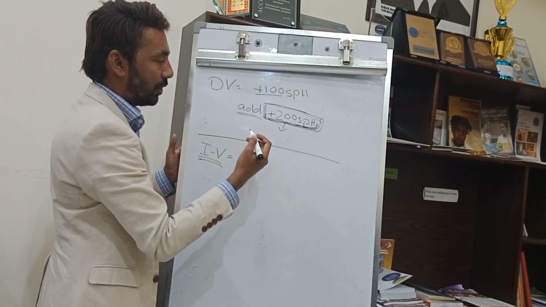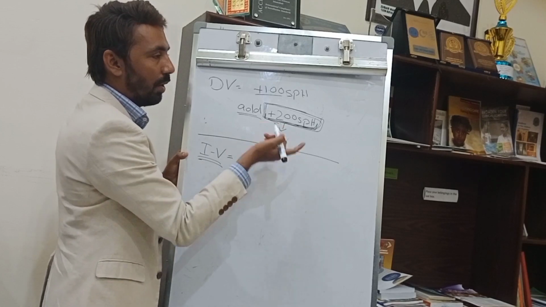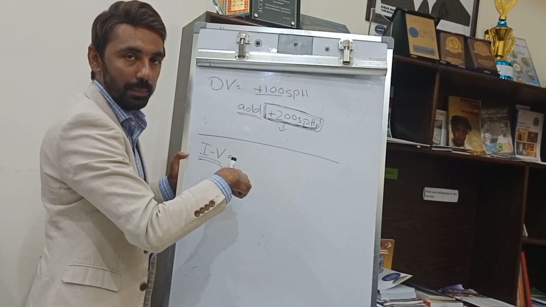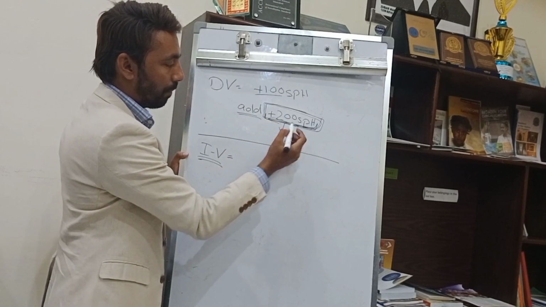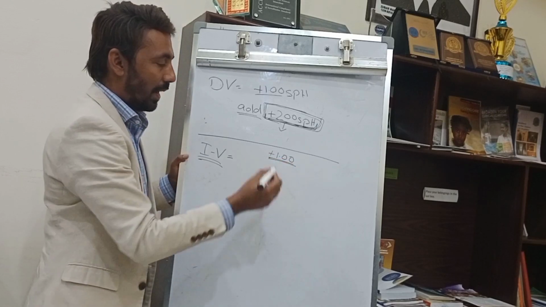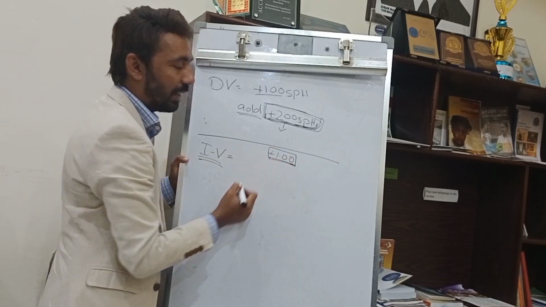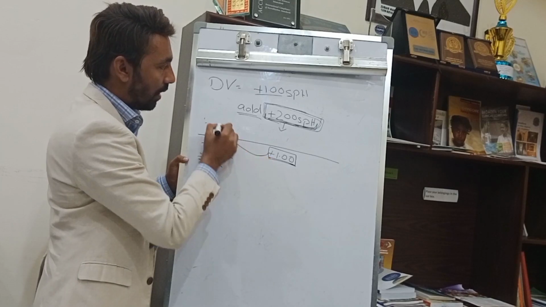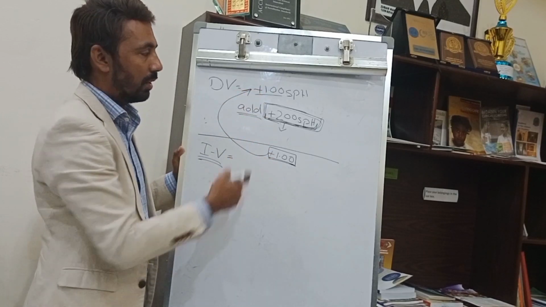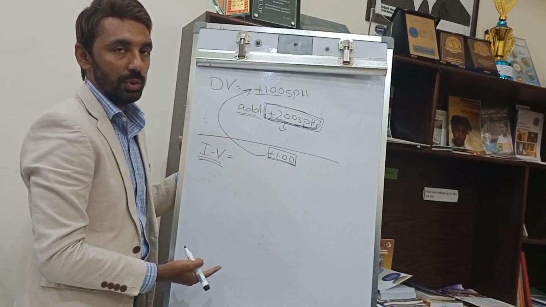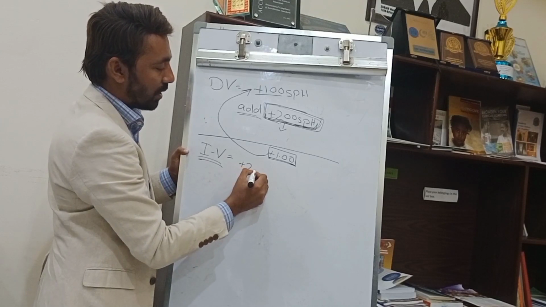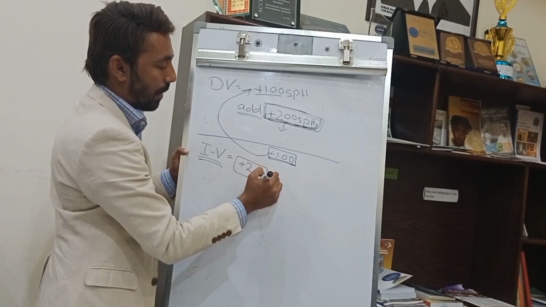So our full correction of the near addition is plus 2. We have to decrease it. We will take half of it. This is plus 2, and it would be plus 1 for intermediate correction. And now this half of the near addition will be added to the spherical correction of the distance vision. So plus 1 will add to plus 1, and the intermediate glasses prescription would be plus 2.